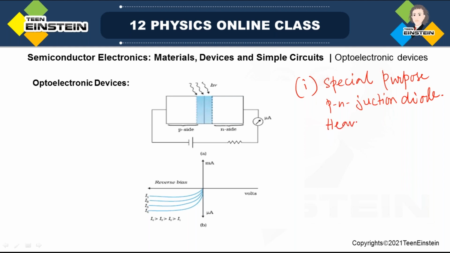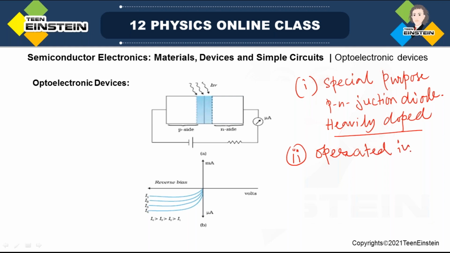And these photodiodes are operated in reverse bias. I'll tell you why reverse bias is the mode of operation for photodiodes.